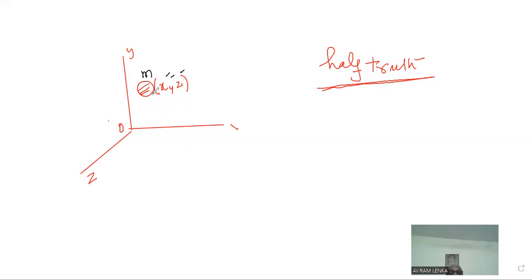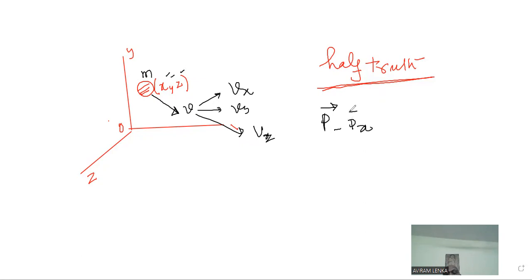Similarly, if the mass has velocity, the velocity can also be broken down into three components: the x component, the y component and the z component. Similarly, the momentum can be resolved into three components: x momentum, y momentum, z momentum, and the total momentum P can be expressed as the vector sum of its x momentum, y momentum and z momentum.